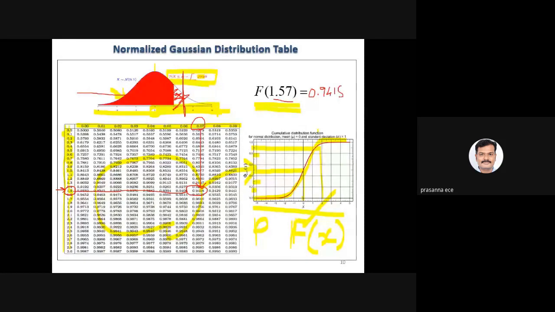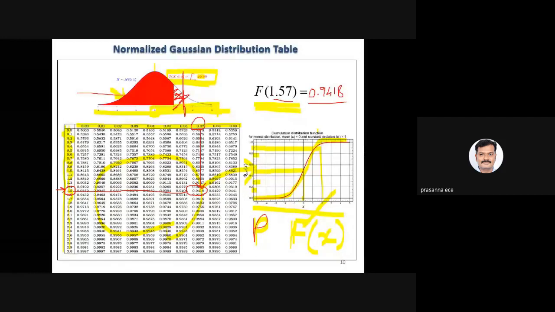This represents a probability, right? This value represents the probability of X less than or equal to 1.57. This is the method to read the table. Is it clear how to read the table? Can anyone give me a reply? Is it clear how we are reading the table?